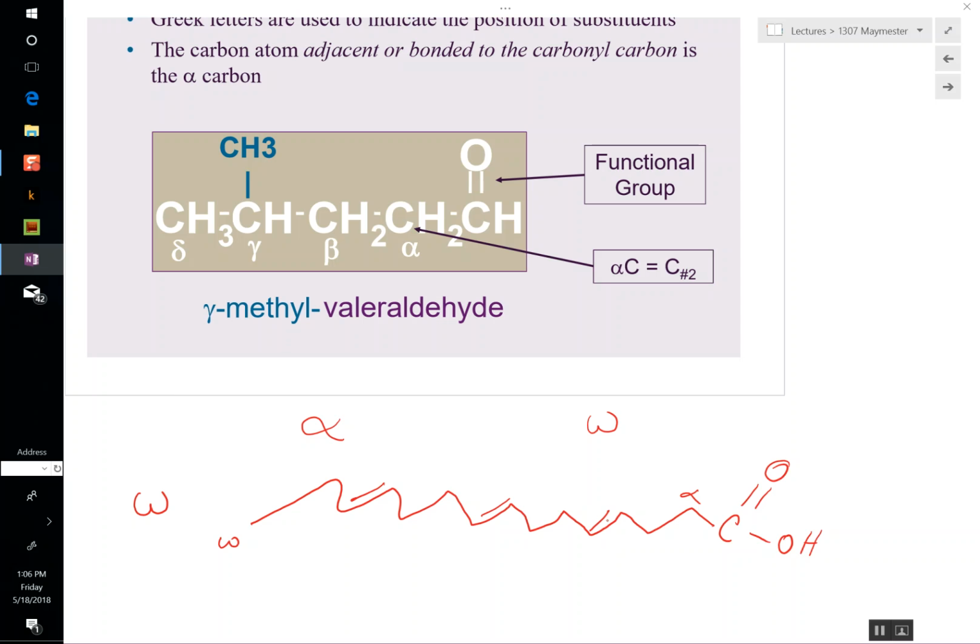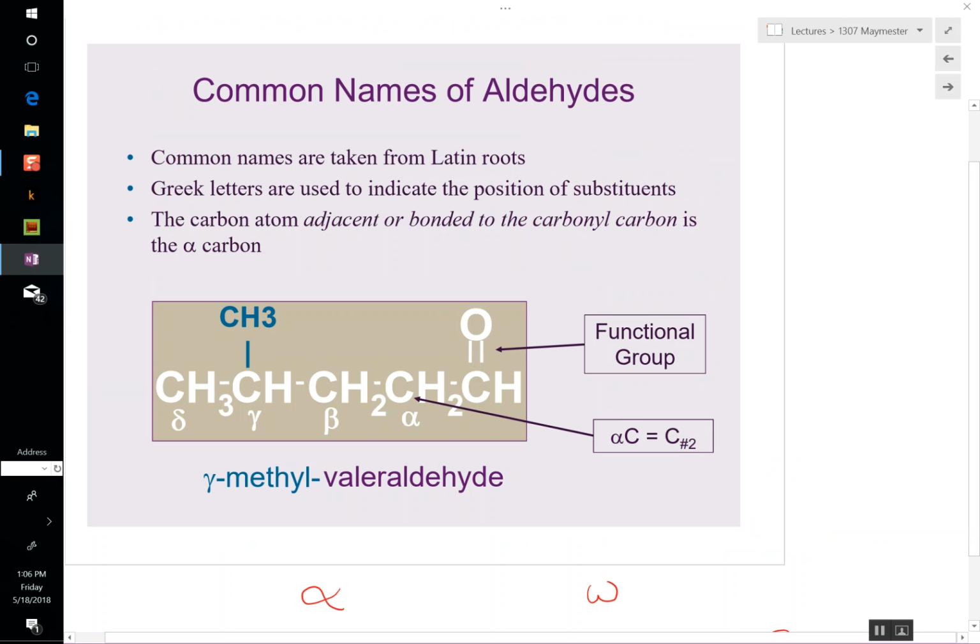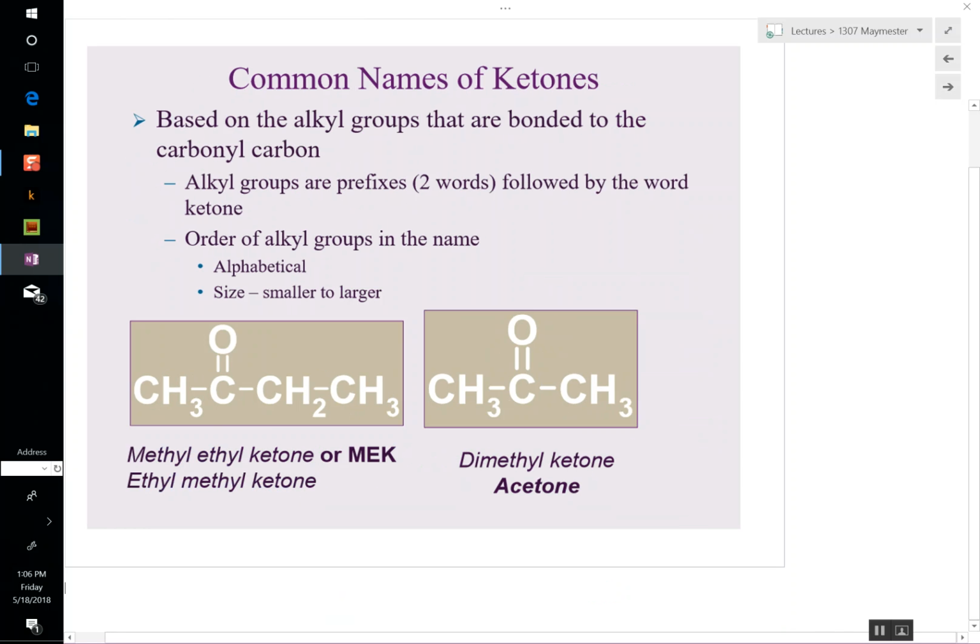This is a traditional naming, common names of aldehydes. So Valero Corporation is coming off of this, valeraldehyde. So 1, 2, 3, 4, 5 carbons long. That is a common name. So just for awareness.